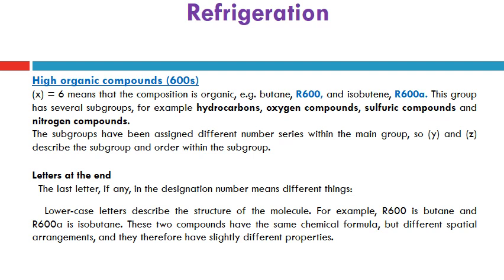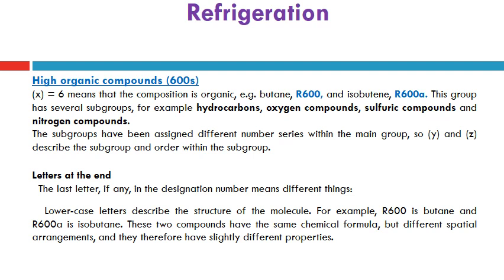The subgroups have been assigned different number series within the main group, so Y and Z describe the subgroup and order within the subgroup. The letter at the end, if any, in the designation of the number means different things. Lowercase letters describe the structure of molecules.